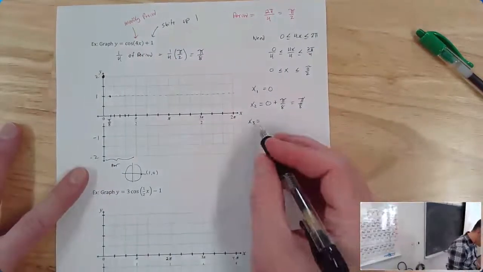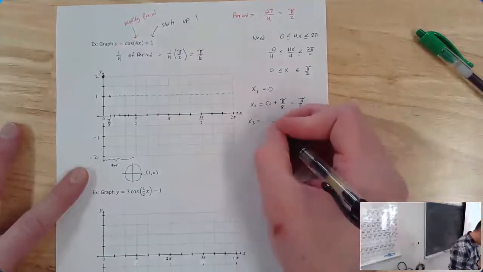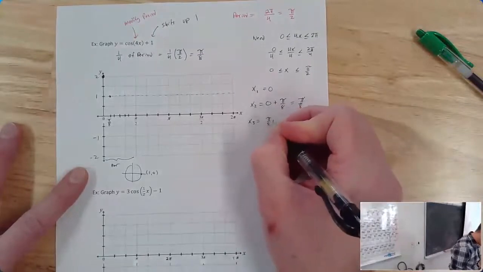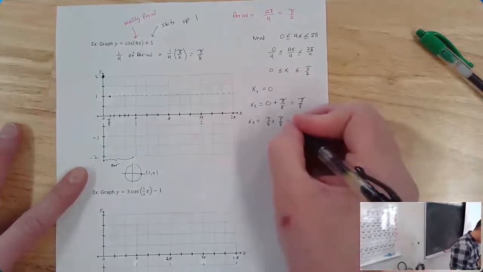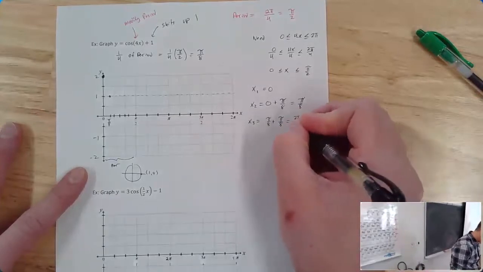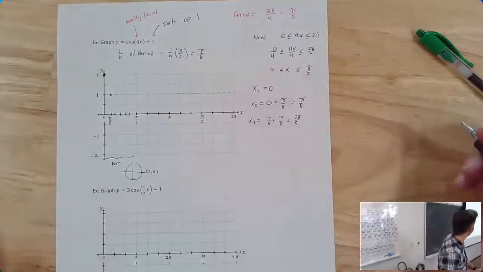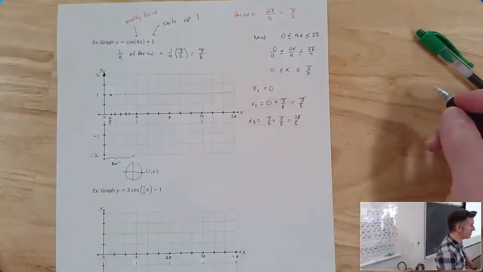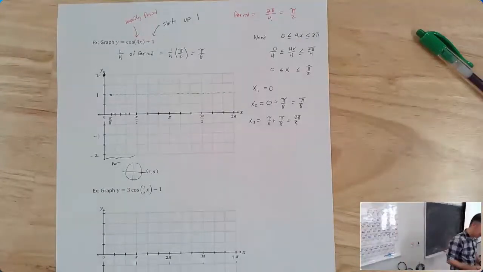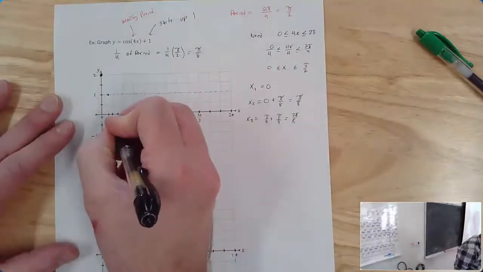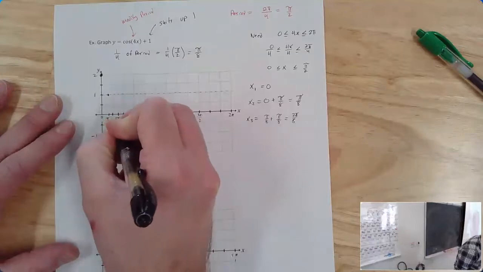And then the next point we're going to look at, well, I'm going to take pi over 8 and add another quarter of a period, which is pi over 8, to get 2 pi over 8, which I actually probably wouldn't reduce. I would probably just leave it as 2 pi over 8 because I'm going to have to add pi over 8 to it again anyway. So the second point here is 2 pi over 8.